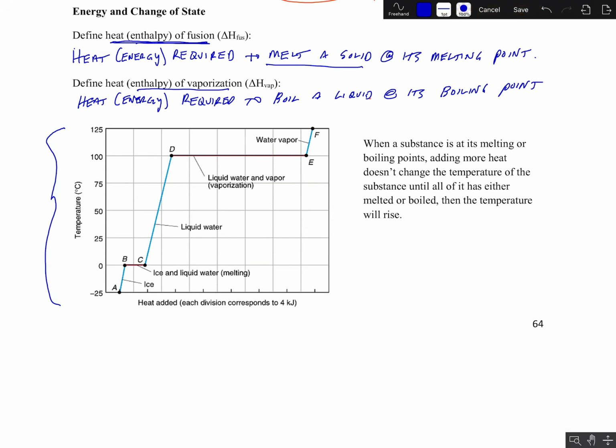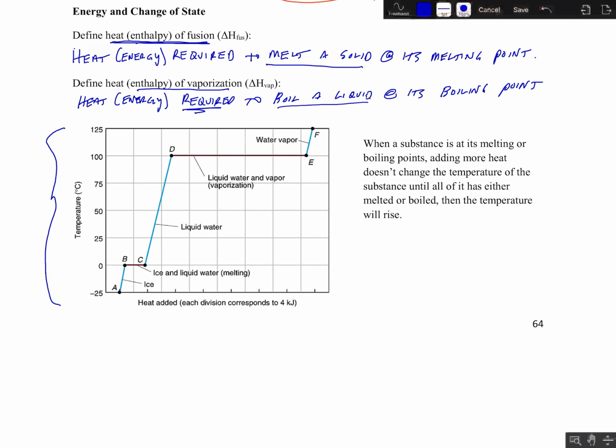So the heat of vaporization, the enthalpy of vaporization, is energy required to boil a liquid at its boiling point. So once you heat a liquid up to its boiling point, even though you're adding additional energy, the temperature of that liquid does not change any longer. It stays the same. The energy that you're adding goes into changing its phase from a liquid to a gas. It's being used to pull those particles apart.